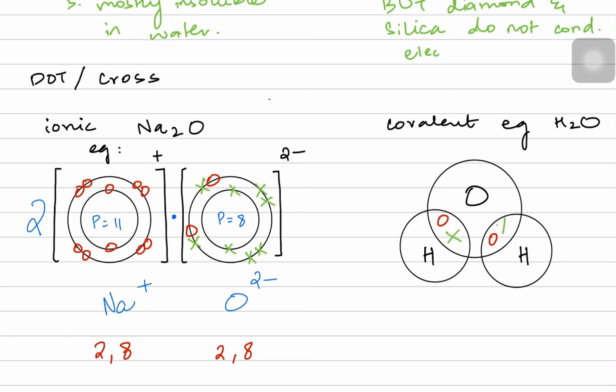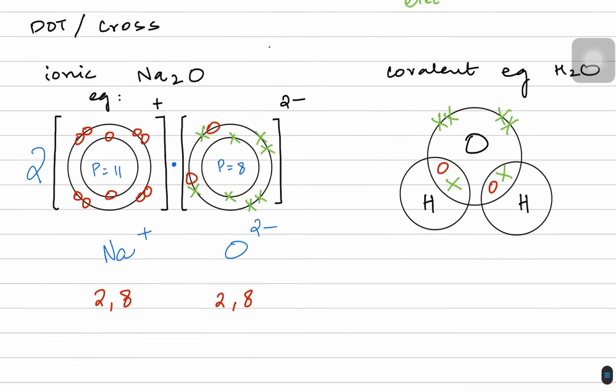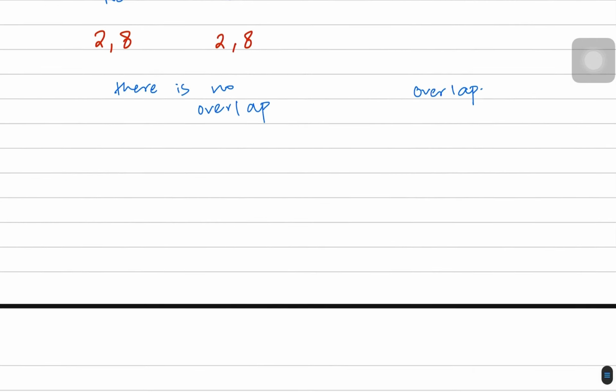Oxygen will give 1 electron from each side to complete the electron pair. The remaining electrons of oxygen are written outside the overlapping portion. This is how the covalent diagrams are made. You can see there is no overlap in the diagram of ionic structures, but there is overlap in the diagram of covalent structures. With this quick revision, let's go back to the concept of states of matter.